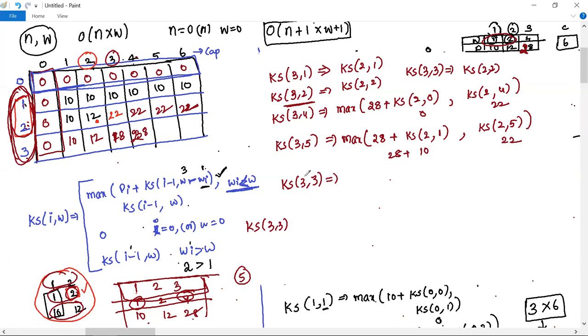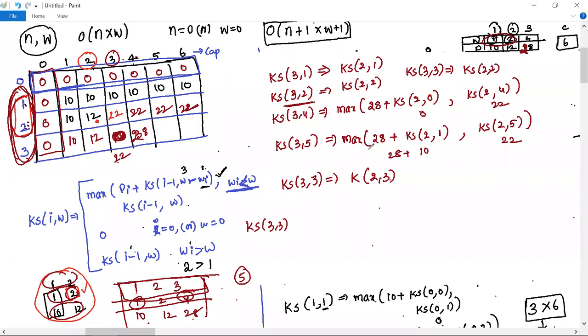We cannot consider this object. Why can we not consider it? Because its weight is 4, right? So what can I take here? 2, 3. 2, 3 value is what? 22. So 3, 3 value also will be 22. Okay, fine.